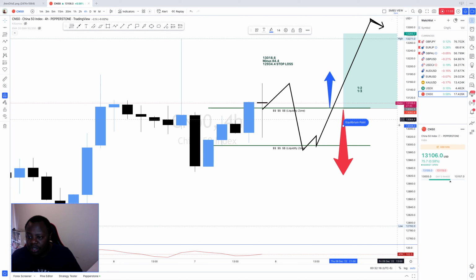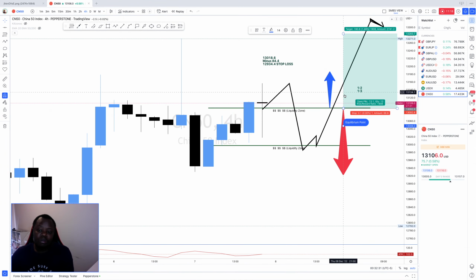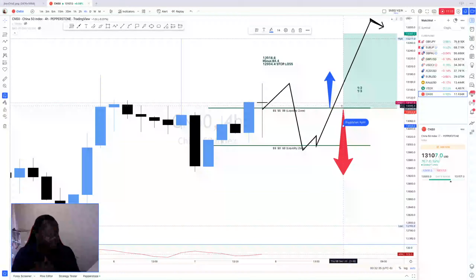For example, in this trade, you would have entered at 139.3. So if you're going to move the stop loss into the equilibrium point, once price has made 20 pips into profitability, we'll move our stop loss into our point of entry, so that even if price reverses, we're not losing anything.